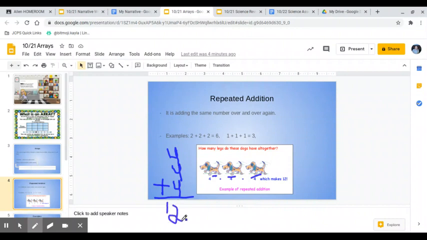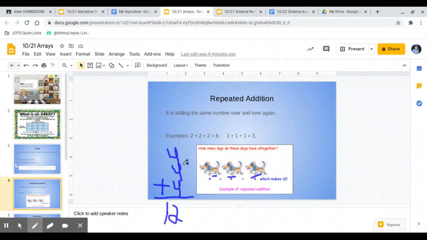So I got the same answer as if I were just to count every single leg and do 1, 2, 3, 4, 5, 6, 7, 8, 9, 10, 11, 12. But that is so much longer to do than just doing your repeated addition and adding the same number over and over again. So there are 3 dogs.